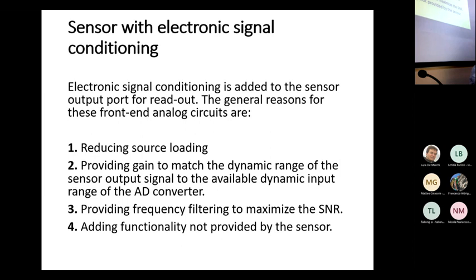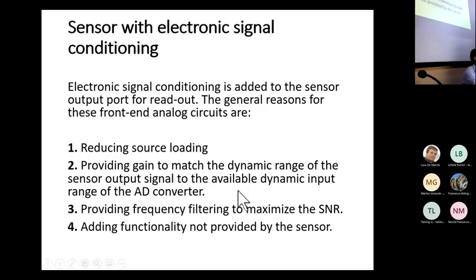The idea is that an analog interface consists of multiple sub-functionalities. For example, the reduction of source loading, which means adapting the characteristics of the amplifying stage and the filtering stage to the characteristics of the source.